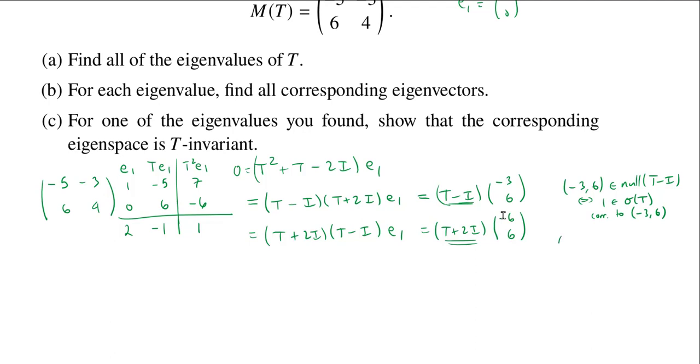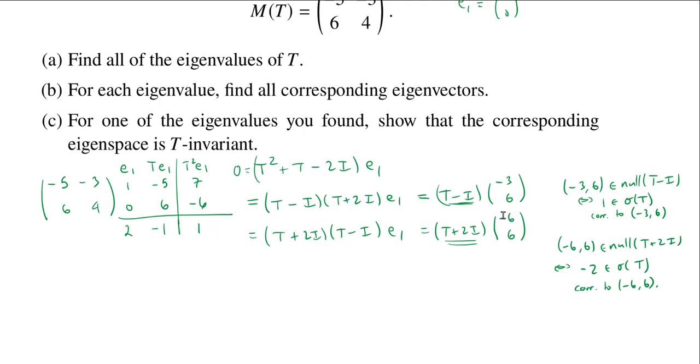And down here, we'll have (negative 6, 6) is in the null space of T plus 2I. And that's equivalent to saying that negative 2 is an eigenvalue for T corresponding to (negative 6, 6). Okay, but I have found two distinct eigenvalues in a two-dimensional space, which means I must have all of the eigenvalues, right?